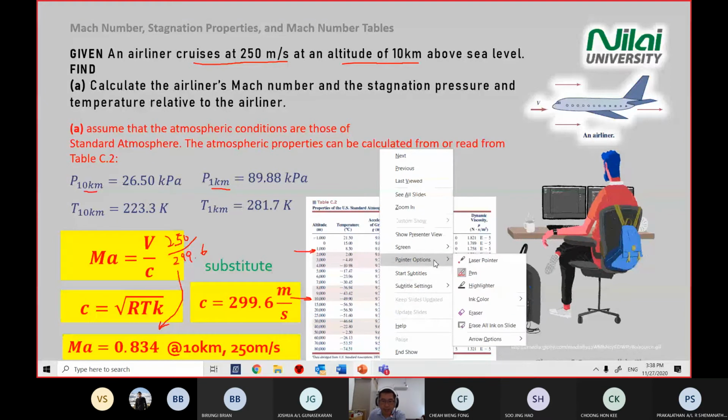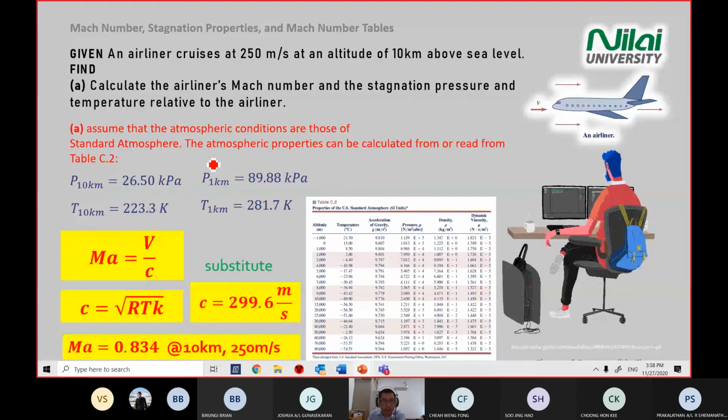Any questions at this point? Is anyone confused, or is there anything that doesn't make sense, like you don't understand how I find a particular value? All this we just apply what we learned. What is the definition of Mach number? What is the definition of speed of sound? Then you're given table C.2.